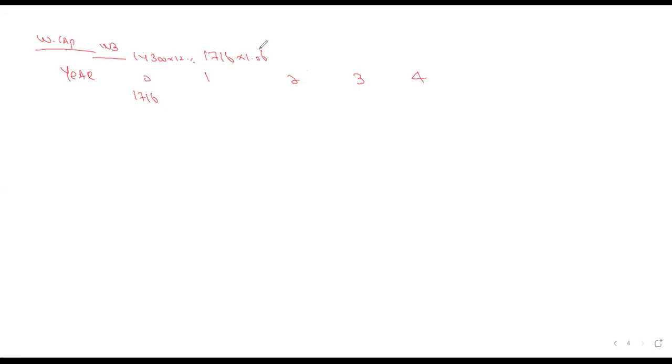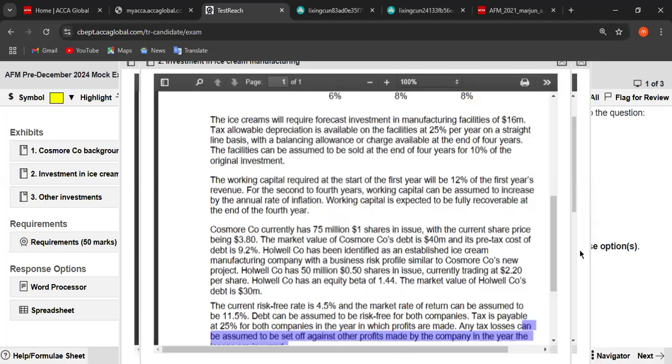Now see, this was... again, try to understand. The examiner said for the second to fourth year, working capital can be assumed to increase by the annual rate of inflation. Working capital is expected to be fully recoverable at the end of the fourth year.